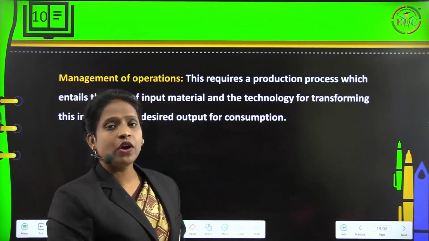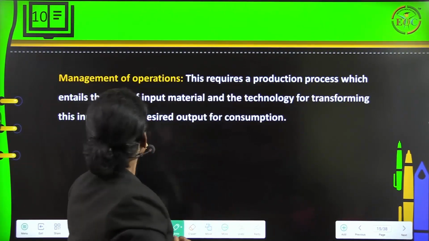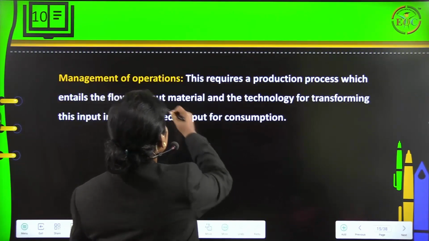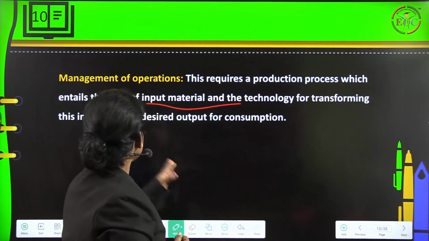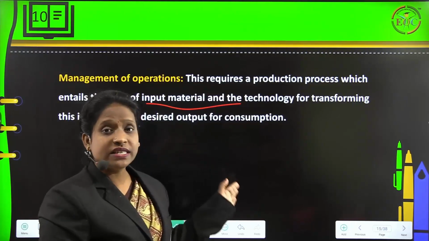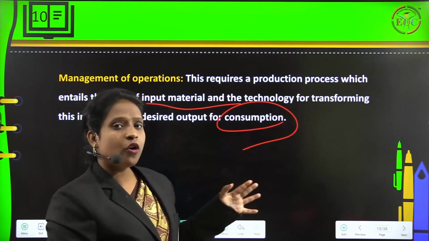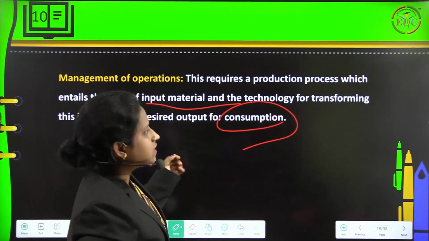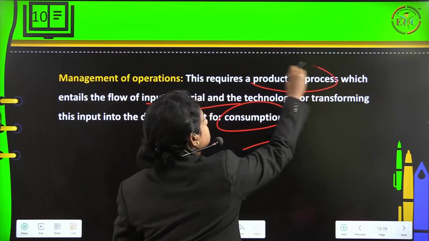Next is management of operations. This requires a production process which entails the flow of input material and the technology for transforming this input into desired output for consumption. What we have to understand here is that this is going to require a production process.